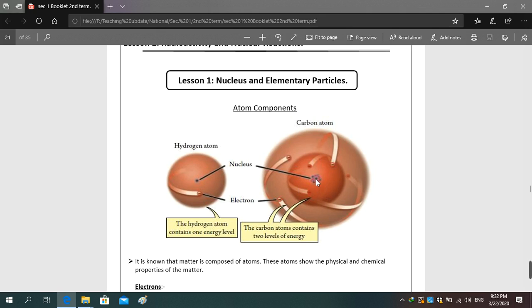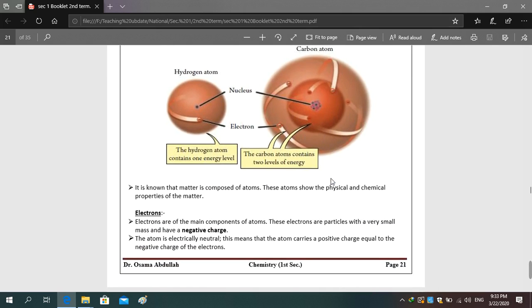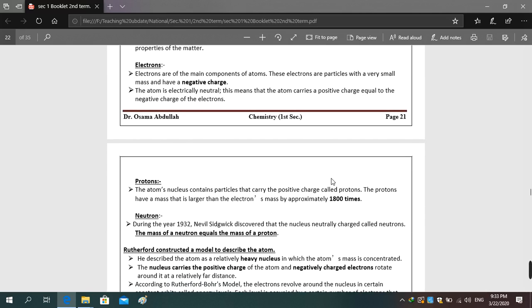The protons have positive charge and the neutrons have neutral charge, and the electrons surrounding the nucleus have negative charge. As we studied before, the proton has a mass approximately 1,800 times the electron mass. So the electron mass is neglected when compared with a proton mass or neutron mass.